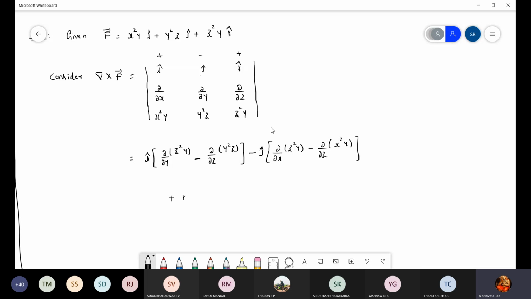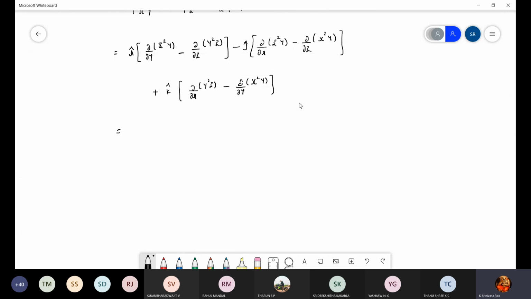and plus k cap into, first row and the last column, dou by dou x of y square z minus dou by dou y of x square y. Yes, simplify this.